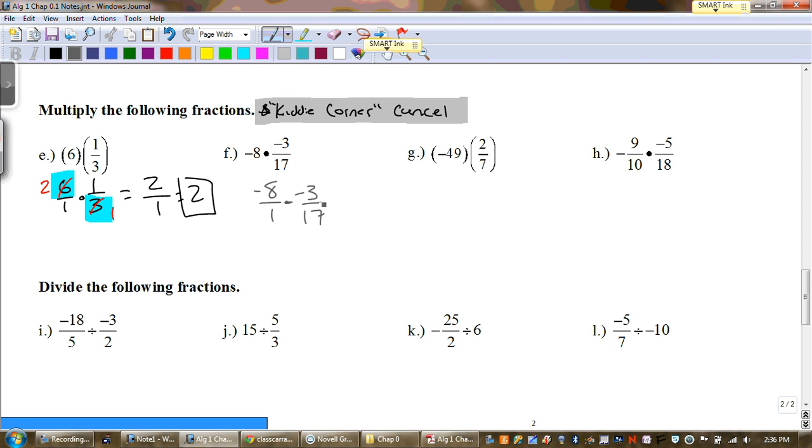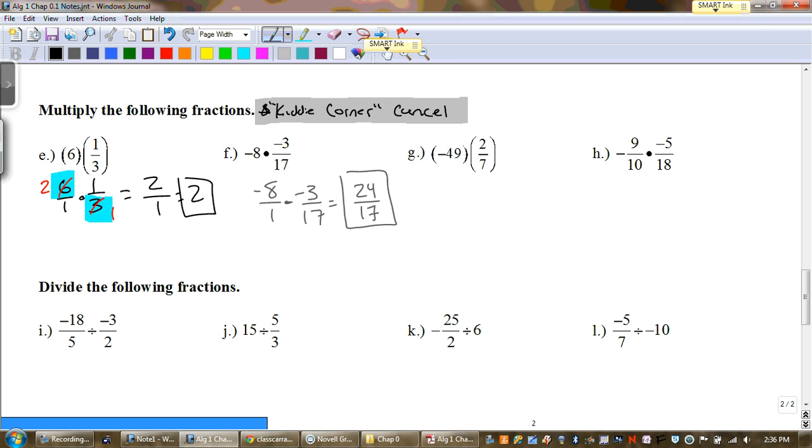Can anything reduce? No. Okay, so you just multiply across. 8 times 3 is 24. 1 times 17 is 17. We have 2 negatives. So when you multiply a negative times a negative, it turns into a positive.